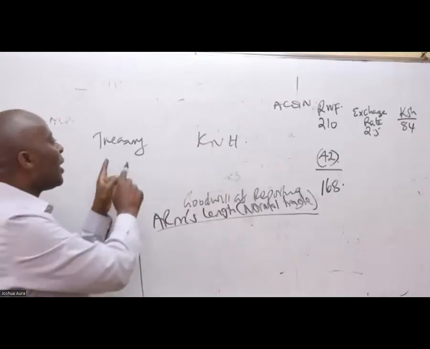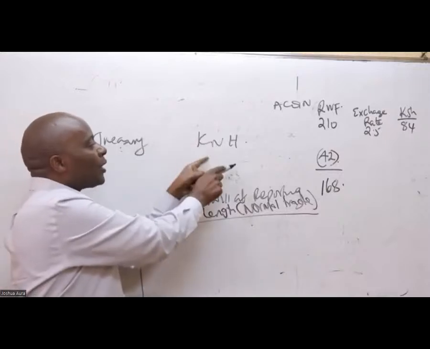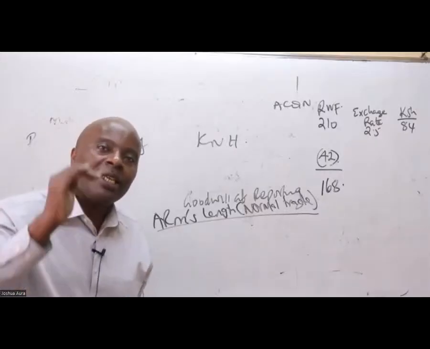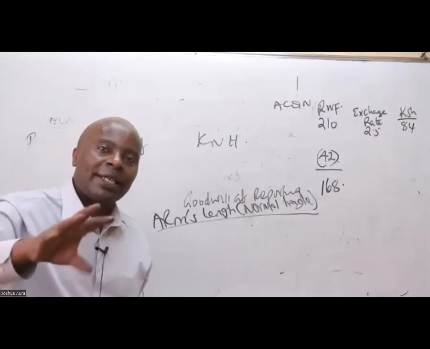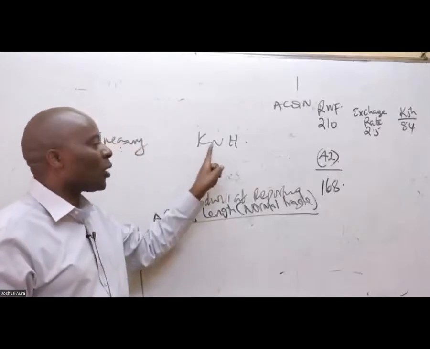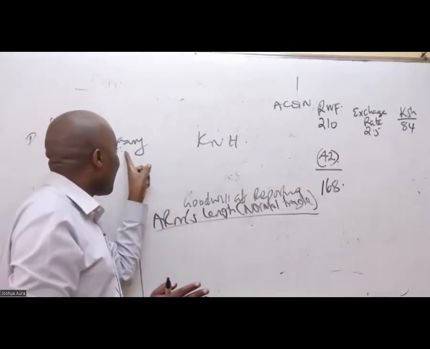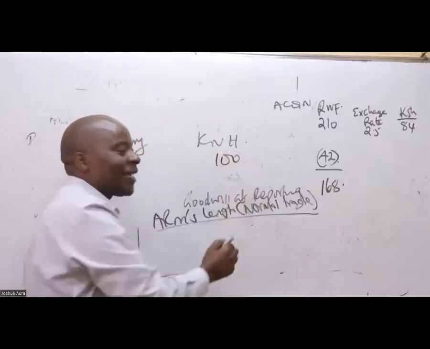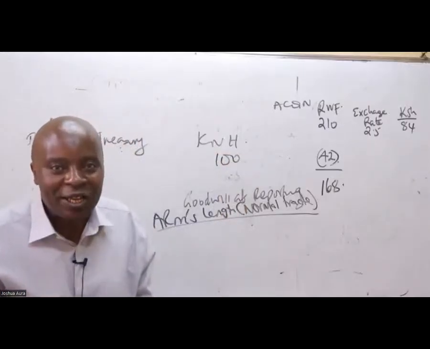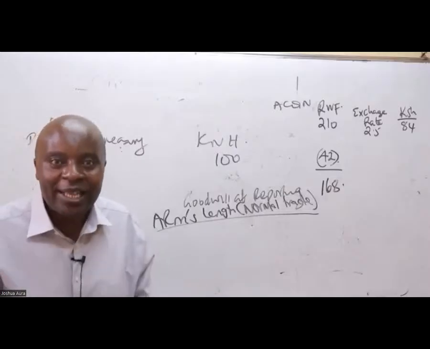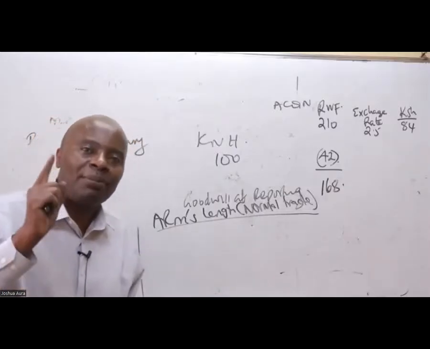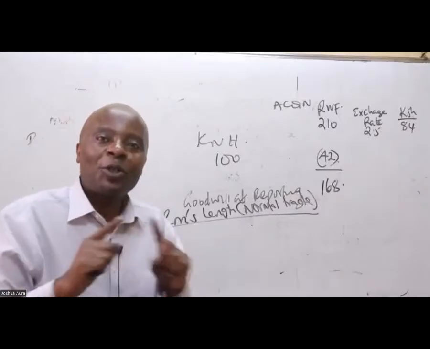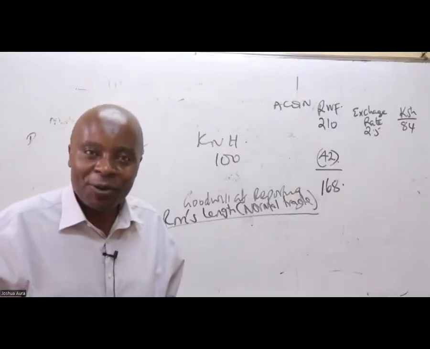So assuming in the year Treasury takes their employees for treatment at Kenyatta National Hospital, and pays the fees invoiced, normally, as if these were not relatives. If we charge everybody 100 shillings for whatever service at KNH, and Treasury people also pay 100 shillings, then we shall not disclose, because that is business between related parties at arm's length. It is normal trade; the prices are the same, so you don't disclose.